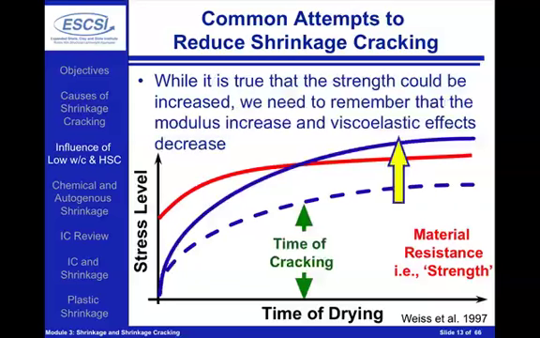As we increase the strength, we need to remember that we also increase the elastic modulus, and this is going to increase the built-in stresses. We're going to decrease the viscoelastic effect, so we're going to have less creep going on in the system.